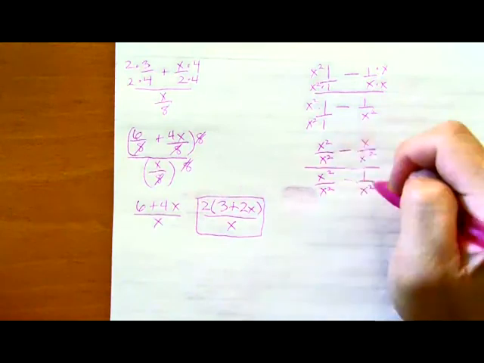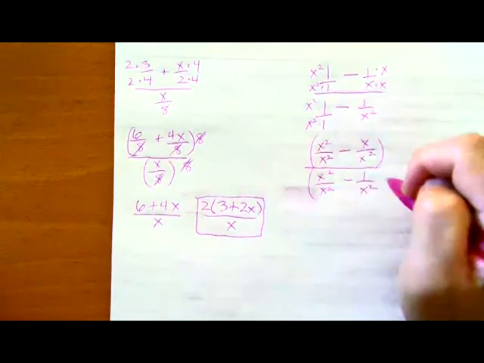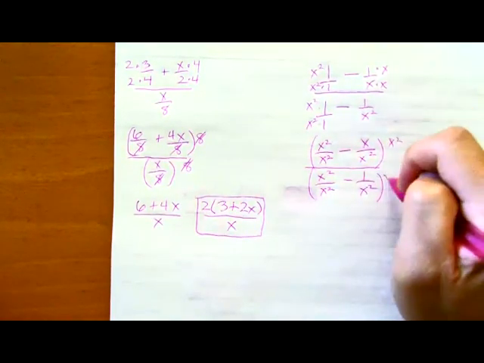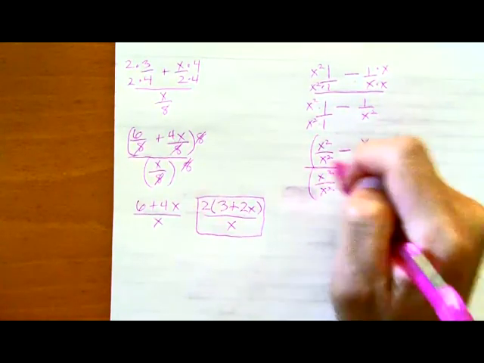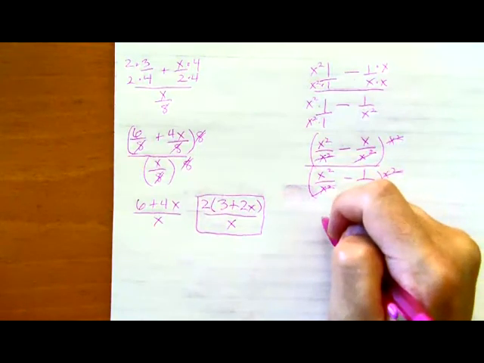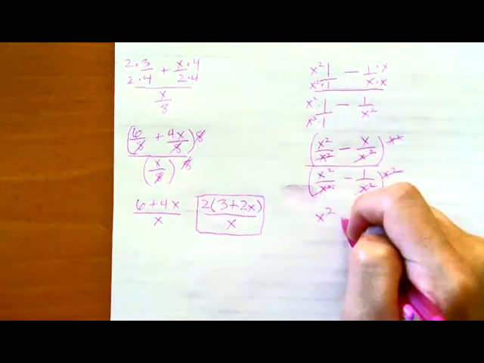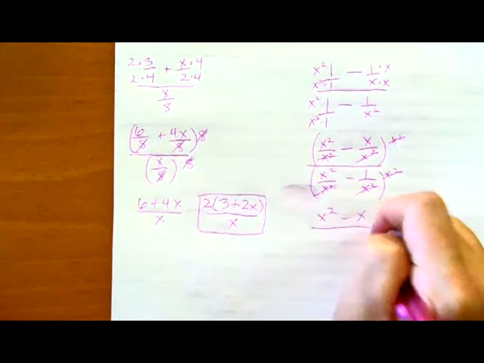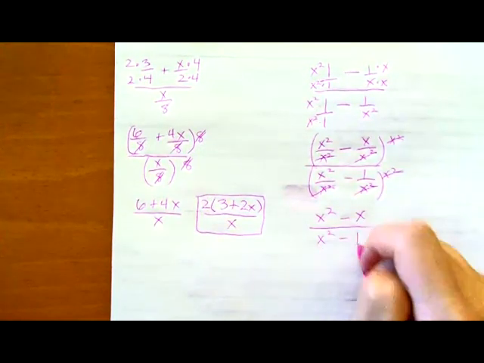Now that all the denominators match, we'll multiply top and bottom by x to the second, which will cancel all the denominators. We have x to the second minus x over x to the second minus 1.